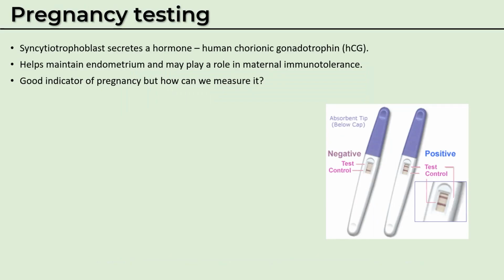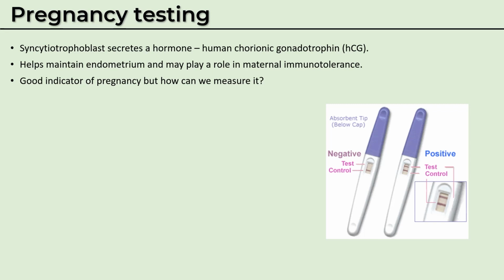Now, something that we rely on for detecting pregnancy is the presence of HCG, so human chorionic gonadotrophin. And this is the hormone that's released by syncytiotrophoblasts. So in addition to its role as an immune hider and a blood supply creator, these syncytiotrophoblasts are also very busy in that they are signaling for the production of human chorionic gonadotrophin.